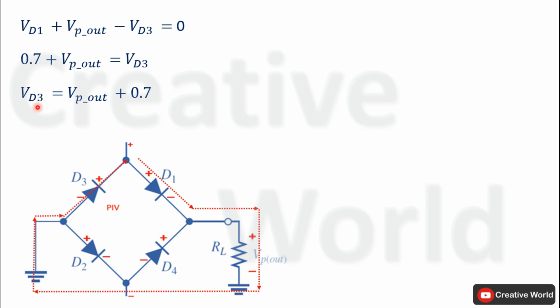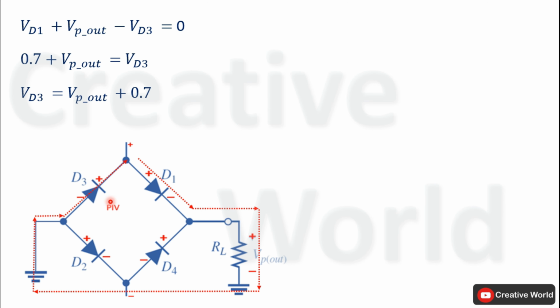Here VD3 is indicating that this voltage is in reverse biased direction across this diode. So this voltage will be considered as peak inverse voltage across this diode, which is equal to V peak output voltage plus 0.7. So we can say that whatever the value of peak voltage on output will be, that voltage plus 0.7 volt will be equal to peak inverse voltage across this diode.